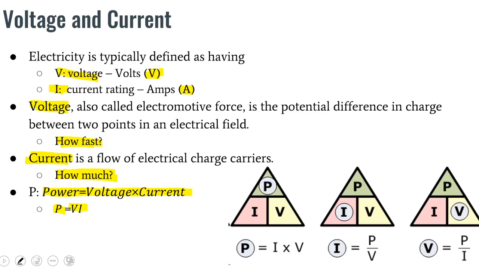And this same equation can be restructured as P equals IV, or I equals P over V, or V equals P over I. These variations may sometimes be used to do different calculations depending on what fields are already known.